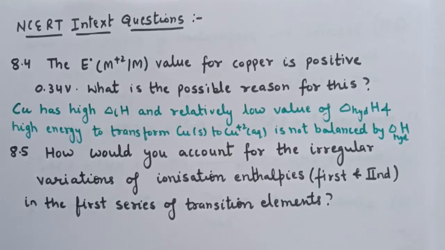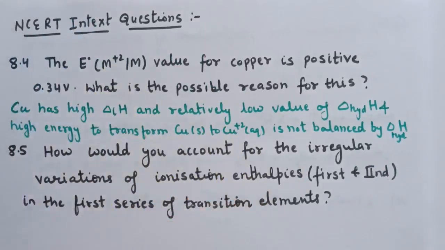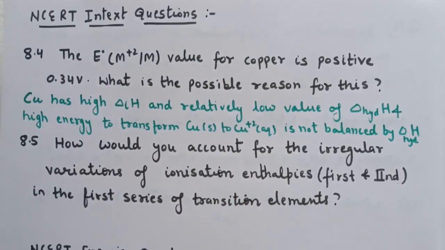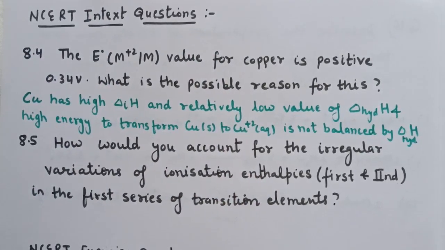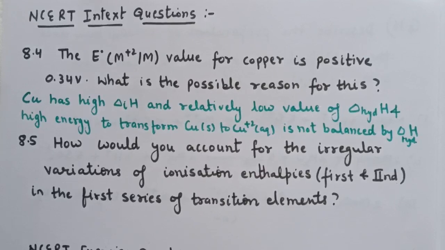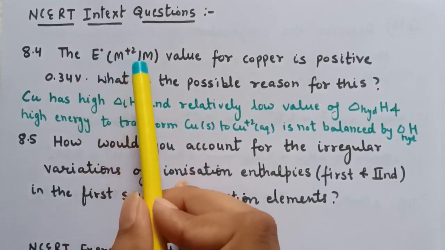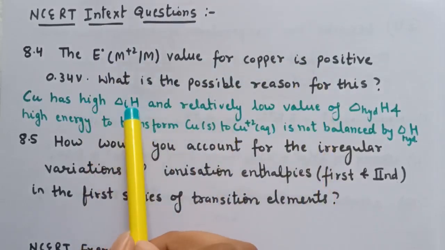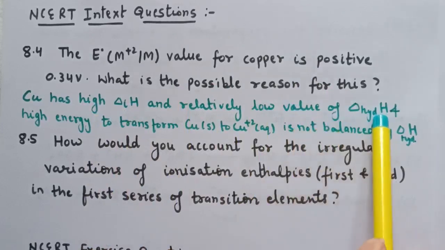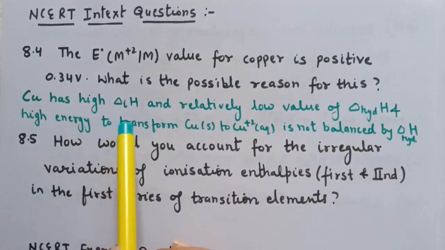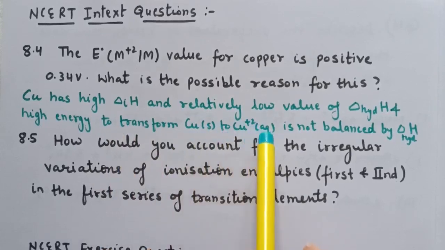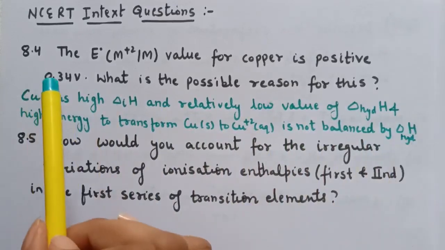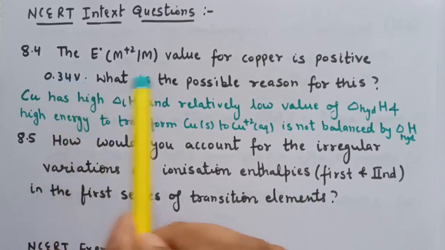As the standard electrode potential depends upon ionization enthalpy, enthalpy of atomization and hydration enthalpy, in case of copper the E0 value is positive because it has high value of ionization enthalpy and low value of hydration enthalpy, and this high energy to transform from copper to copper plus 2 in aqueous state is not balanced by hydration enthalpy, and that is why copper has positive value, that is 0.34 volt.